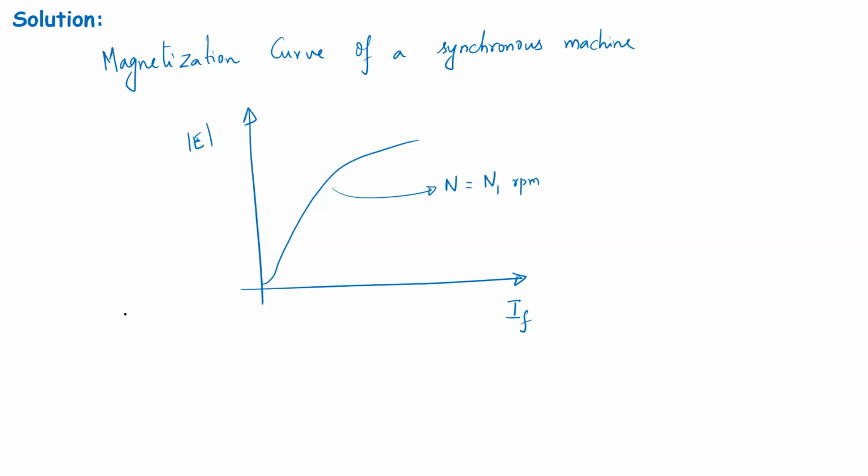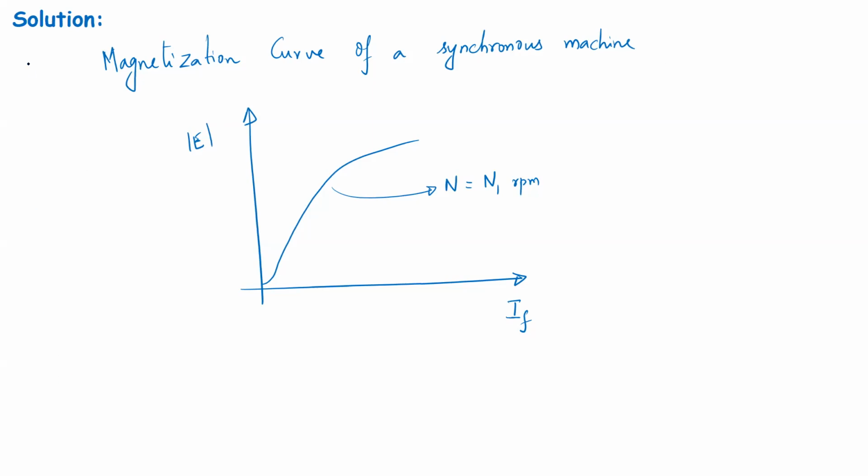Because the synchronous machine is connected to an infinite bus, we know that the speed at which this machine is operating cannot change. Therefore, if the problem statement says the field current value has not changed from the value used in part A, we can very well state the excitation EMF magnitude also does not change.